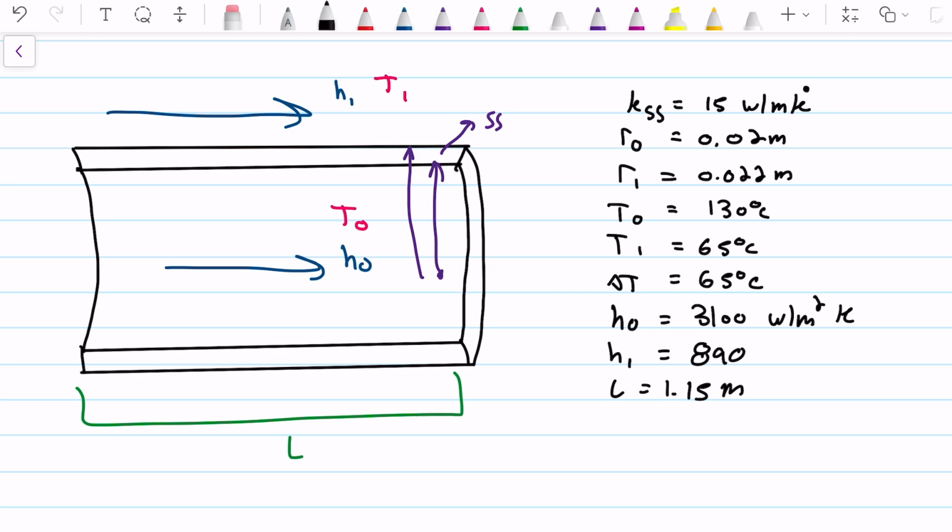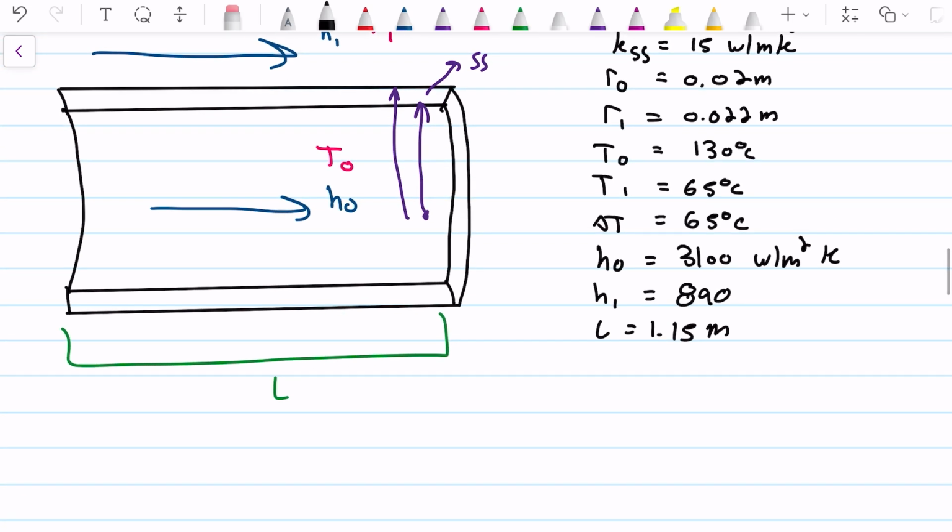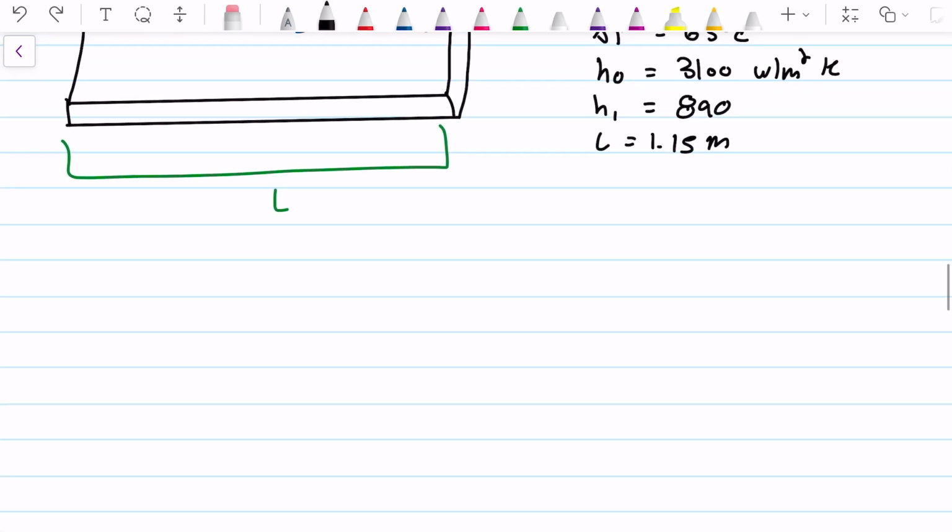One thing to note is that, not that it really matters. I was going to say this T naught is the temperature of the surface, but it doesn't really matter because we're using this H. Just ignore what I just said. Okay. Alright, so let's say we want to find the heat transfer at the surface.